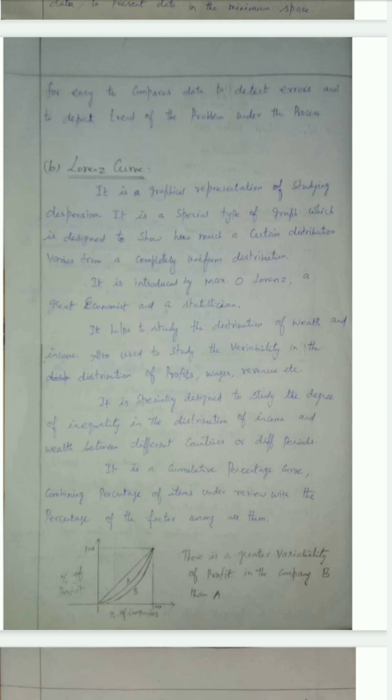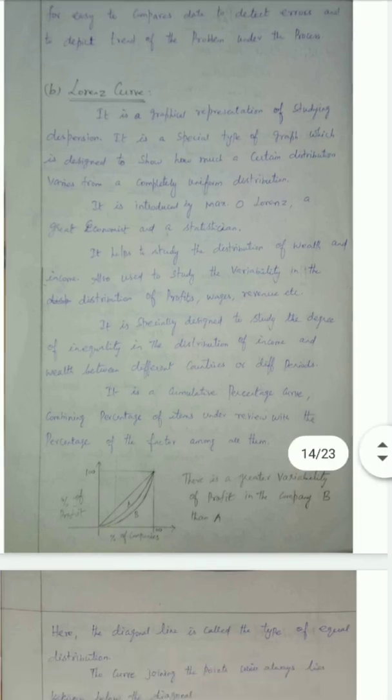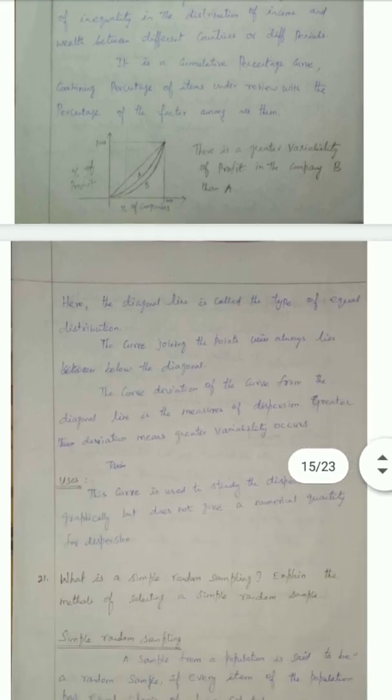It is specially designed to study the degree of inequality in the distribution of income and wealth between different countries or different periods. It is a cumulative percentage curve combining percentage of items under review with percentage of the factor among all of them. Here the diagonal line is called the line of equal distribution.